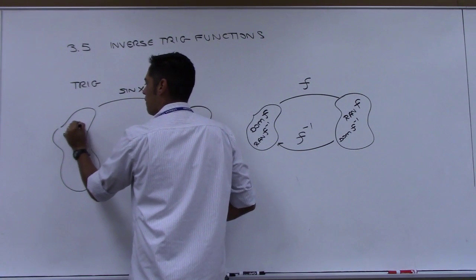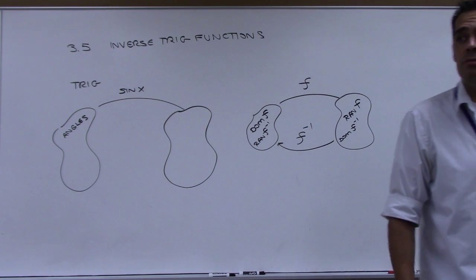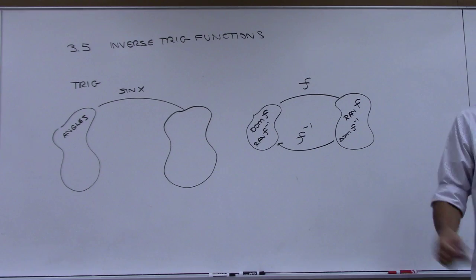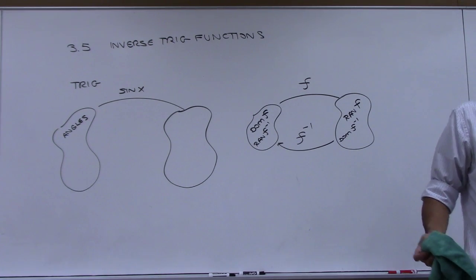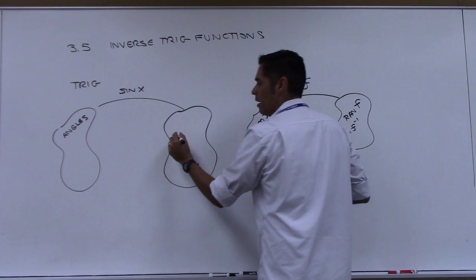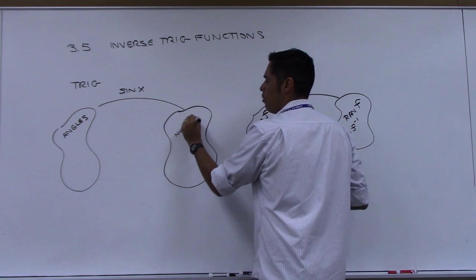Sine of 30 degrees, sine of pi over 2, sine of pi over 6. The inputs to the sine function are angles. The outputs were just numbers, right?